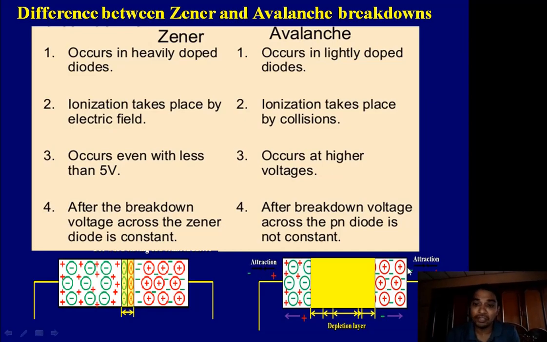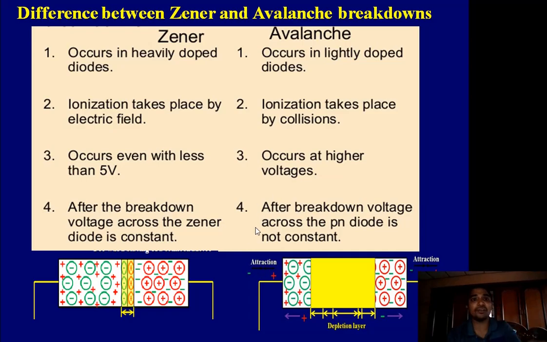While flowing inside this depletion region, these minority charge carriers will collide with the immobile atoms, which have covalent bonds. While colliding, one minority carrier will collide with one covalent bond and generate one electron hole pair.